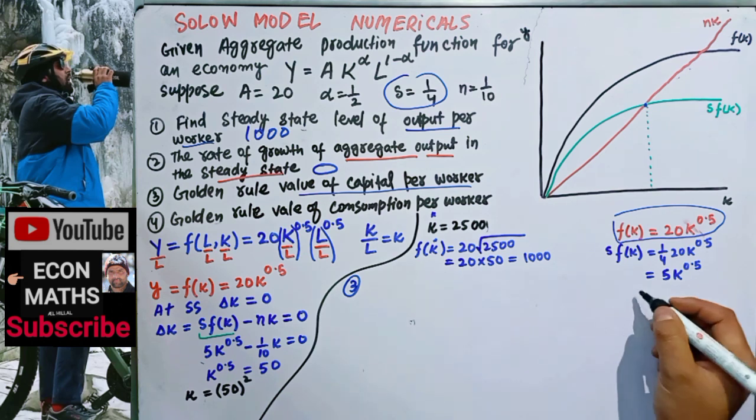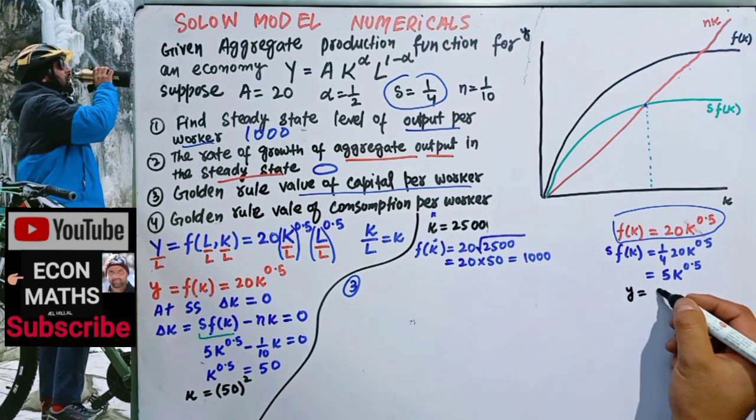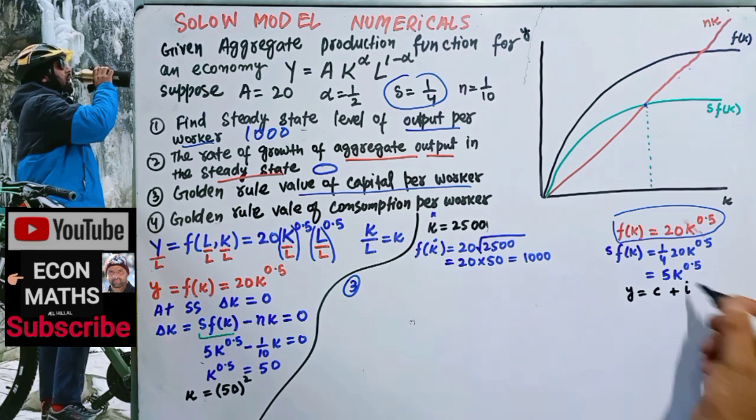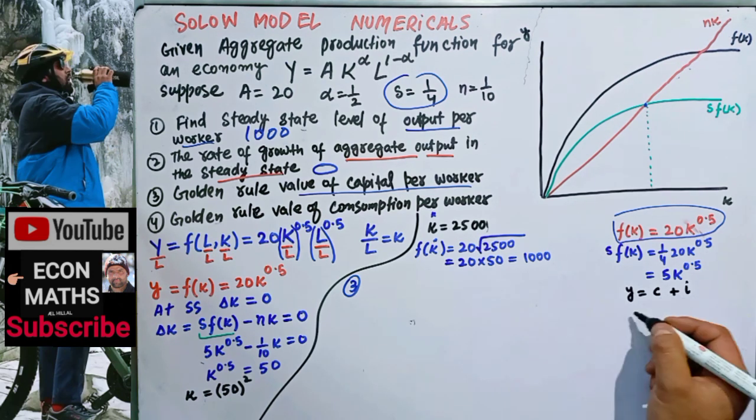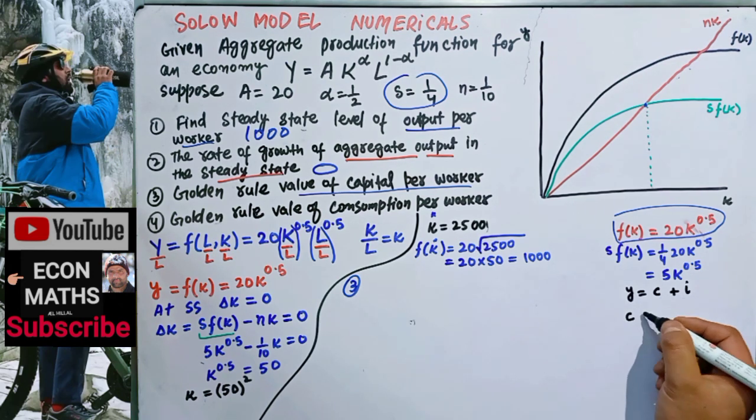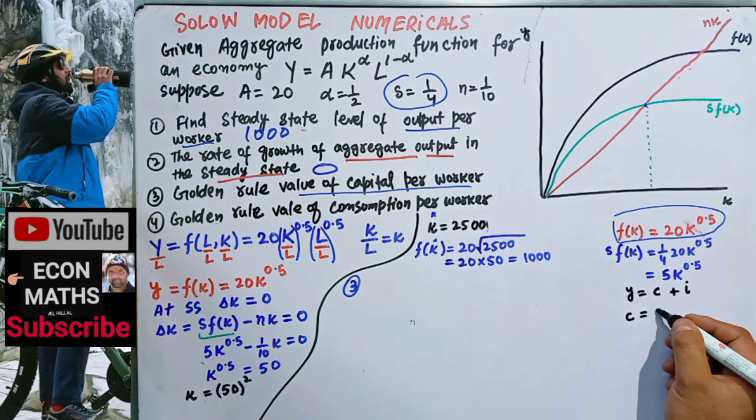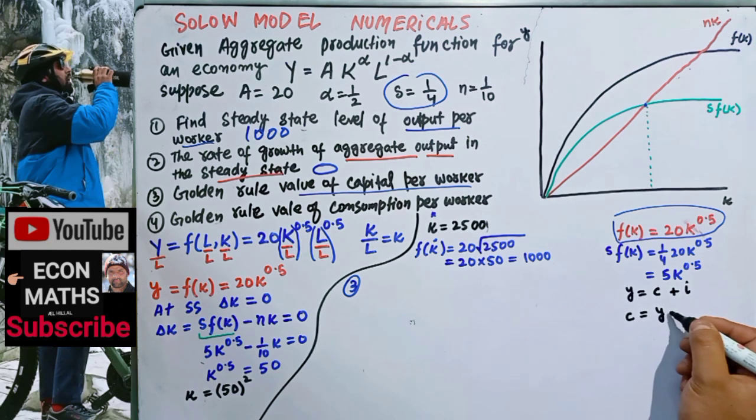Now, what is consumption? Output per worker will be equal to consumption per worker plus investment per worker. We know it. Solving for consumption, consumption per worker at steady state will be equal to output per worker minus investment per worker.